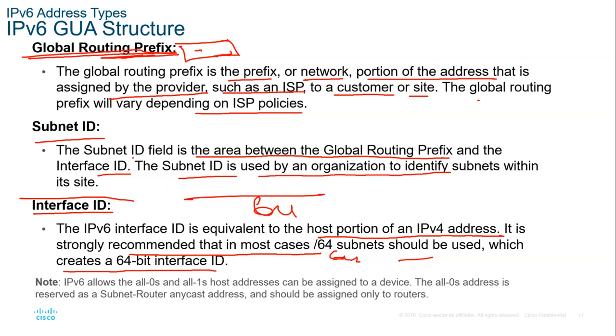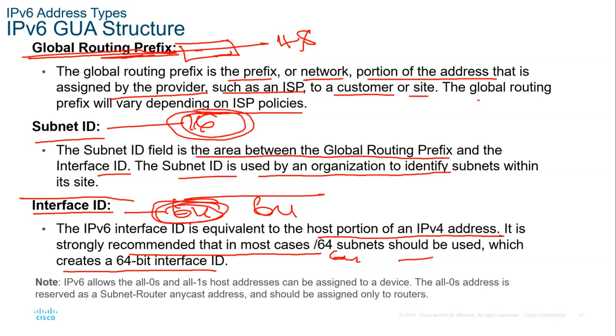Actually, the global routing prefix is 48, the subnet ID takes 16, and the interface ID takes 64. So this uniquely identifies a subnet, and the ISP.